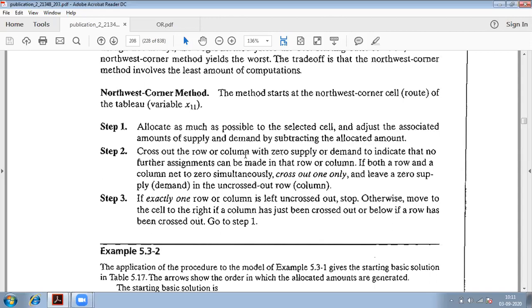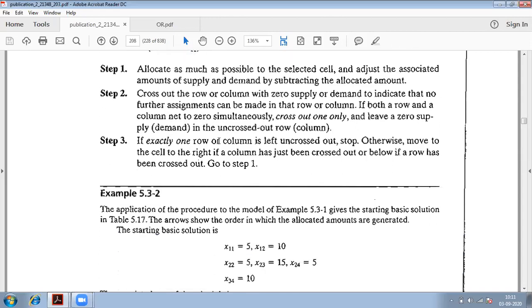Next, if both a row and a column net to zero simultaneously, cross out one only and leave the zero supply or demand in the uncrossed out row. If exactly one row or column is left uncrossed, stop; otherwise move to the cell to the right if a column has just been crossed out, or below if a row has been crossed out.